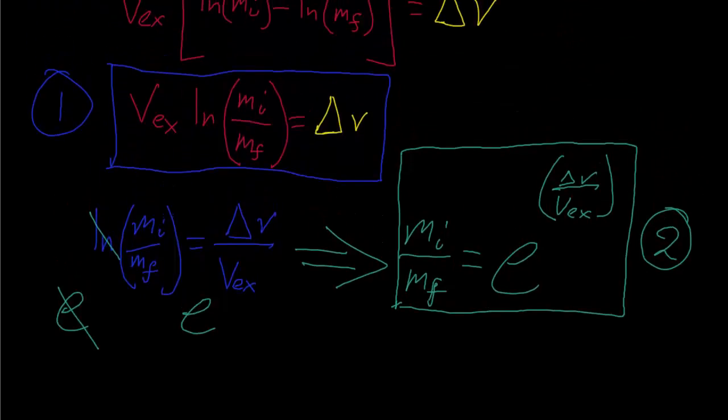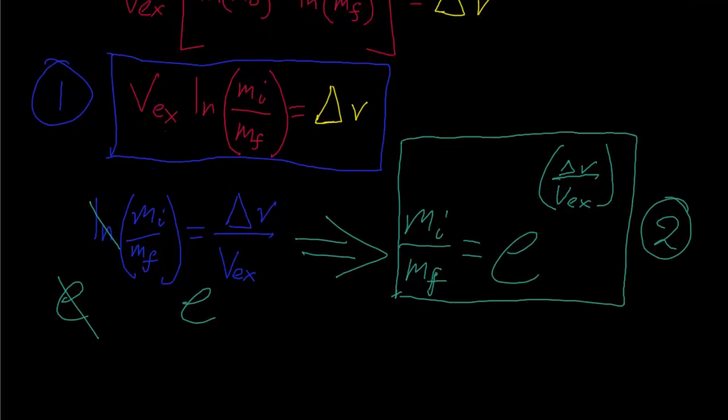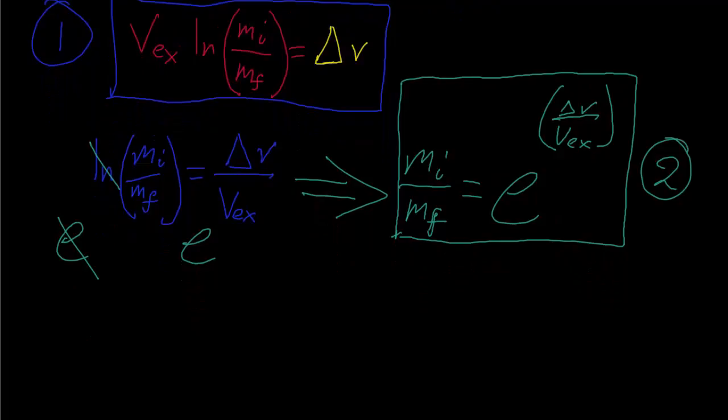Since we have two versions of our rocket equation, we can do an example very quickly, and I'll be using the first version.